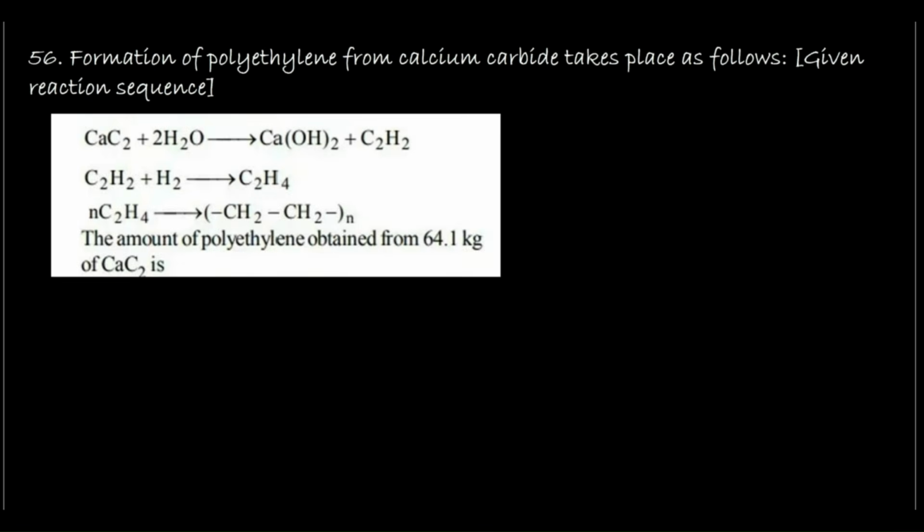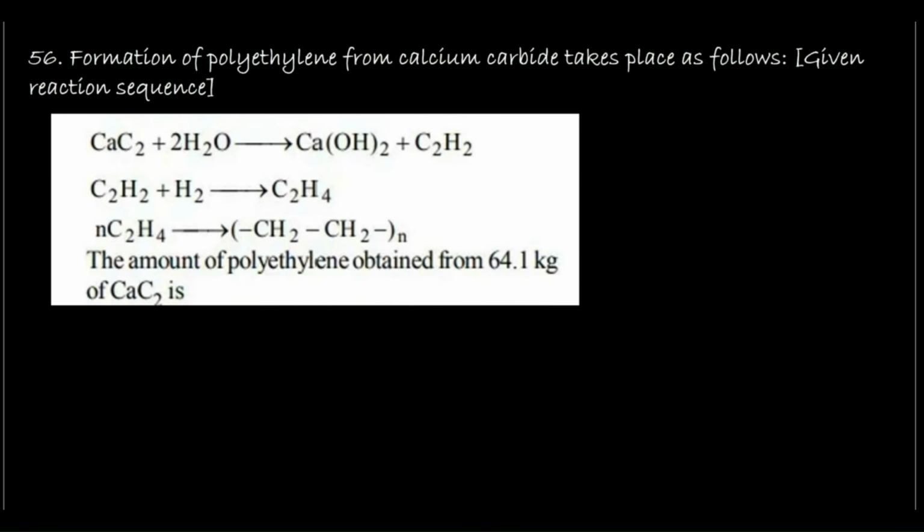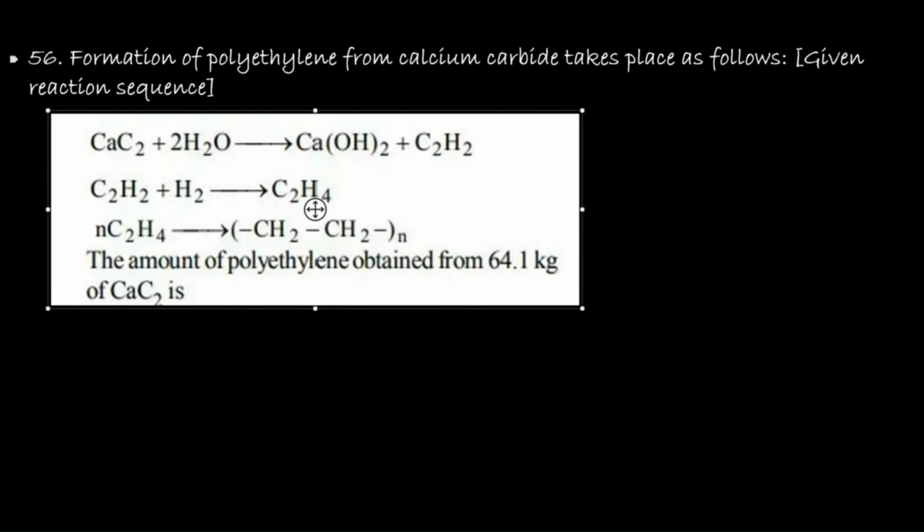Formation of calcium carbide takes place as follows. Given the reaction sequence, what is the amount of polyethylene obtained from 64.1 kilogram of calcium carbide? This is the reaction that happens over here, and we have to calculate the amount of polyethylene formed.